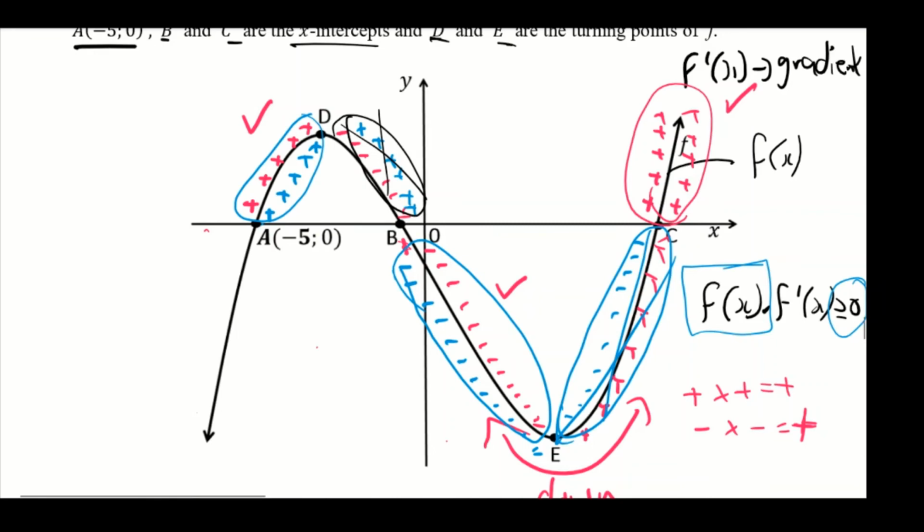So that's how you're going to interpret your x values, right? You need to remember the x value of the turning point here of D. So if you interpret this section here, you know the x value here, it's x equals minus 5.